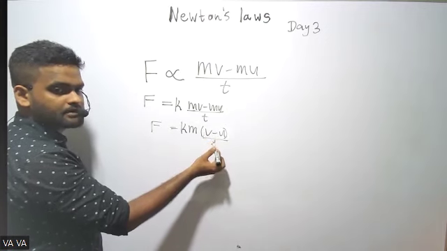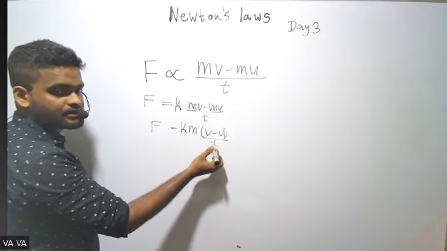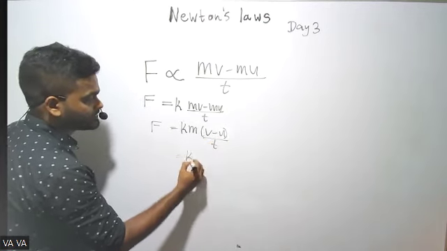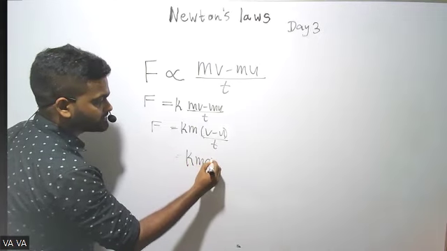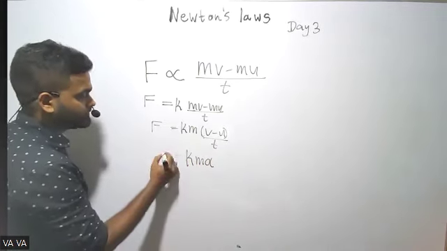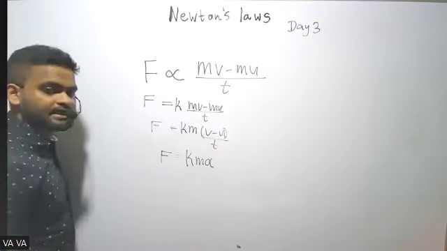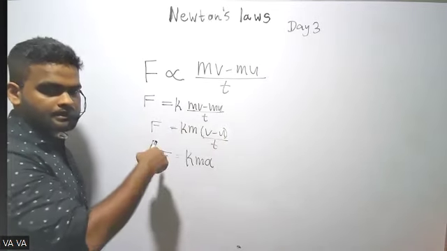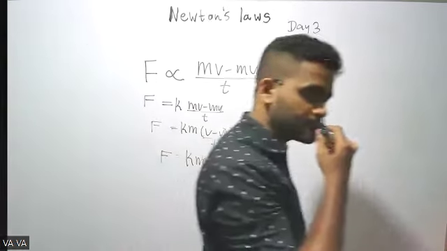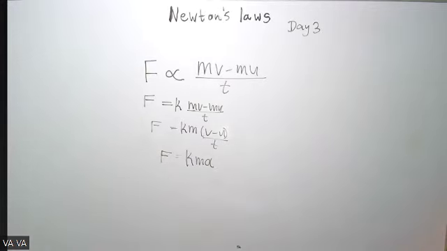Change of velocity divided by time. That is acceleration, right? So you can put acceleration there, kma. So F equals kma. Take it down. Quickly take it down.